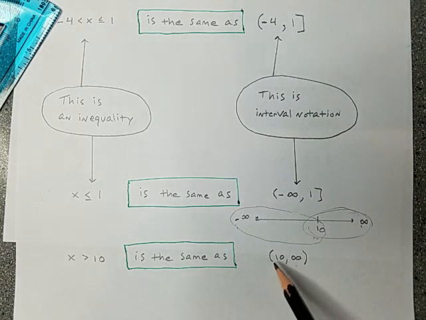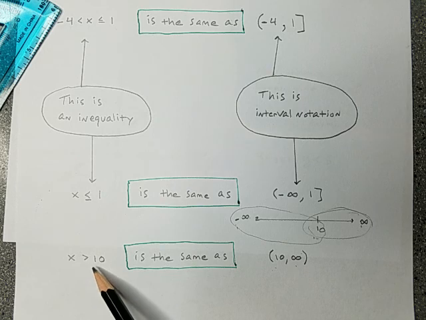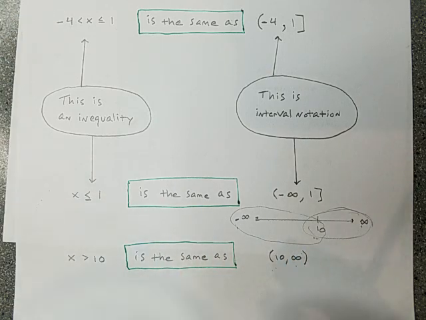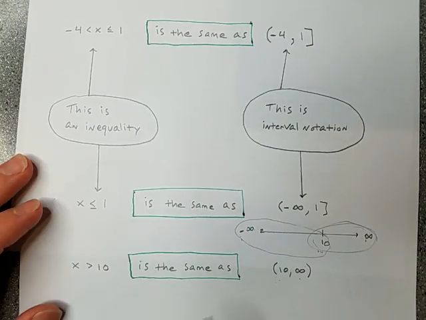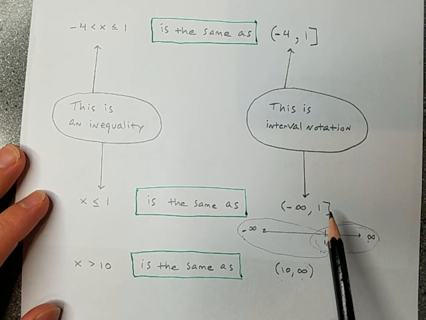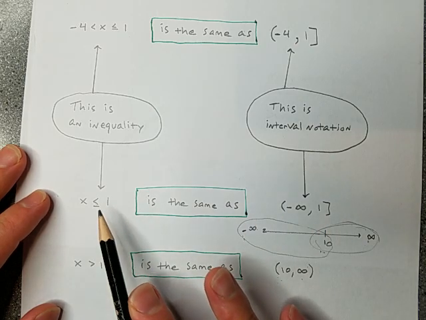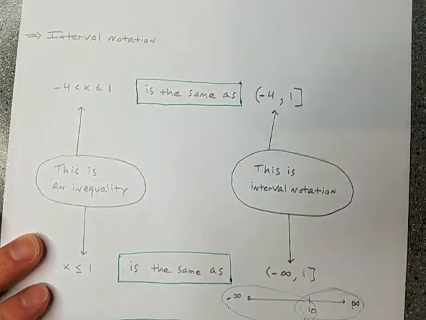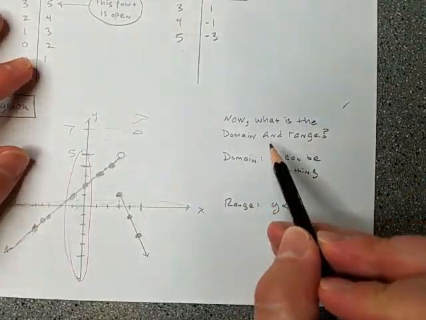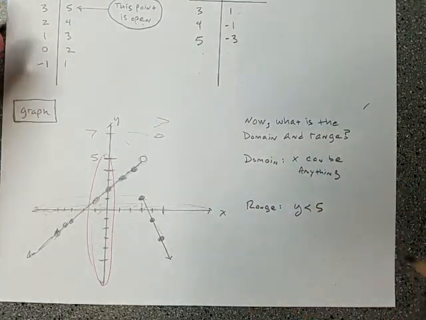Why the parentheses? If I say x is greater than 10, 10's not part of my answer. Parentheses are associated with less than or greater than, and brackets are associated with less than or equal to or greater than or equal to. So that's a little bit about interval notation. So how can we write this in interval notation? Because that's the way that we're going to have to learn to do it.